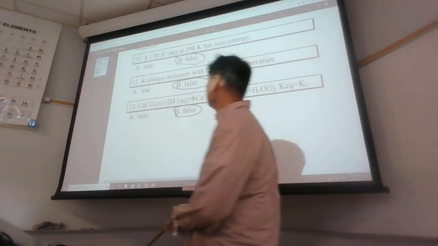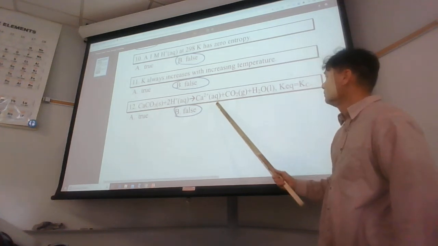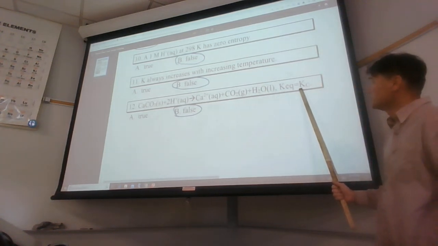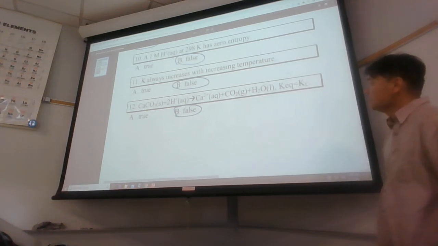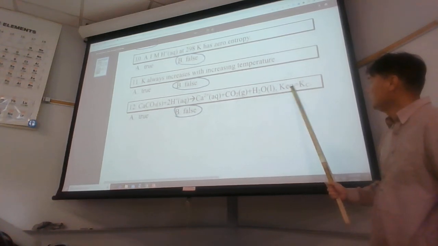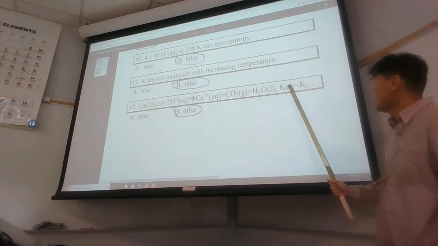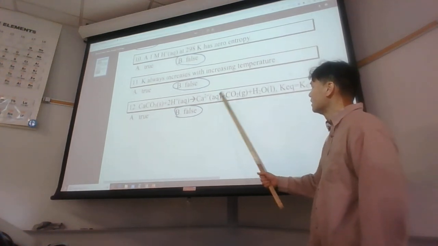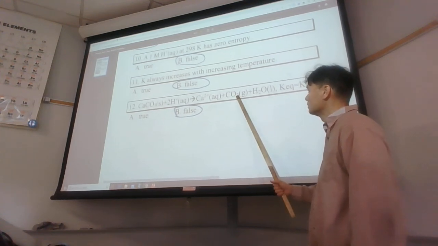If we look at this one, calcium carbonate plus 2H plus yields calcium ion plus CO2 plus H2O liquid. Keq equals Kc. Kc is the molar concentration. Keq is what we call thermodynamic, or just K is the thermodynamic. Thermodynamic would be concentrations for aqueous and pressures for gas.